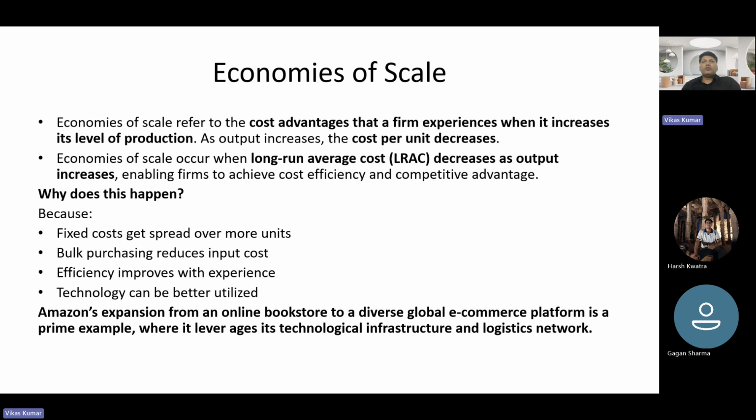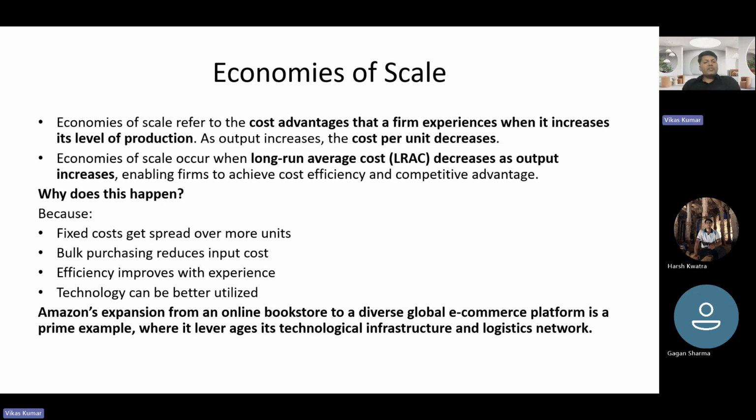Fixed costs can include the cost of plant, machinery, employee salaries, and the interest which the company is paying to the banks, investors or debenture holders. So this fixed cost gets spread over more units because the company's level of production increases.